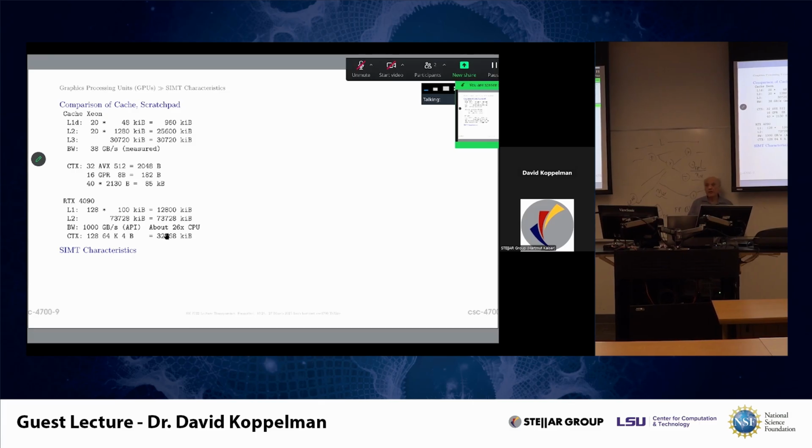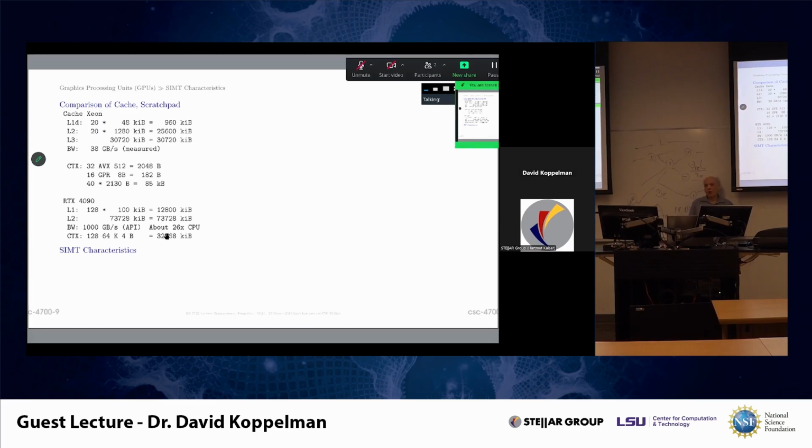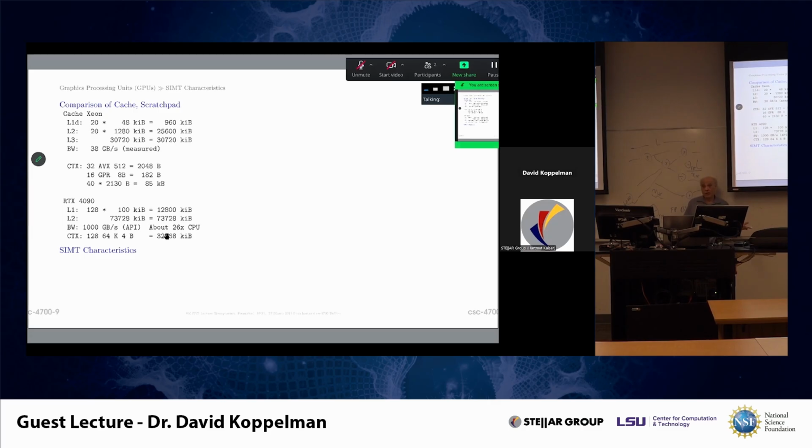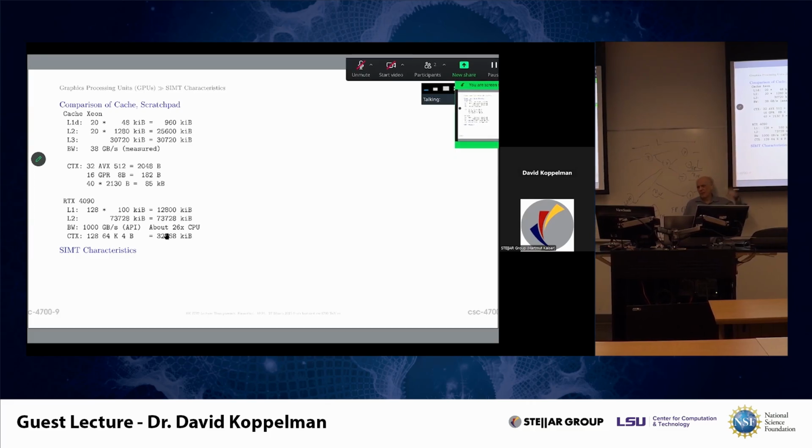Now, in GPUs, in terms of memory, the organization of the GPU provides more options than a CPU. CPUs are very simple. You have two levels, global memory and registers, okay, and that's it. And if you're a programmer, then you know about global memory. The compiler cares about registers.